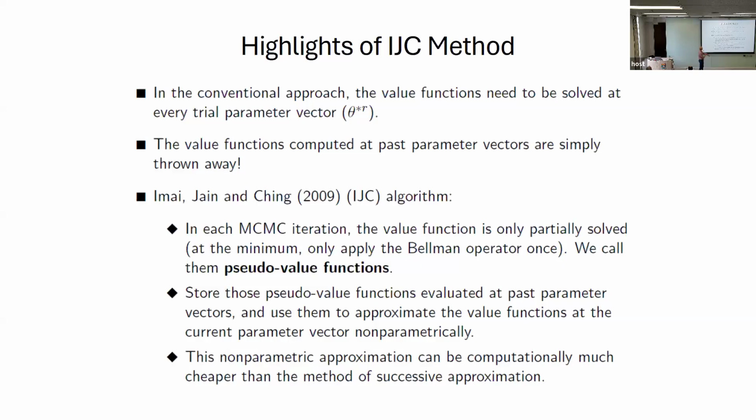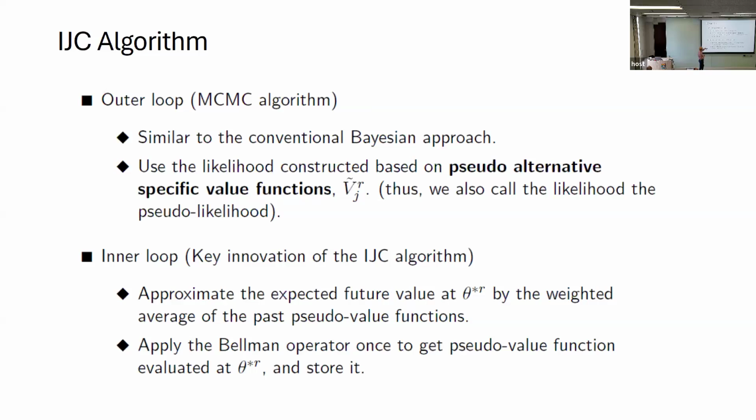I won't spend too much time on that, and I won't get into the details of it, except to point out how this approach cuts down the computational burden. Think of the problem as follows. We have an outer loop and inner loops.